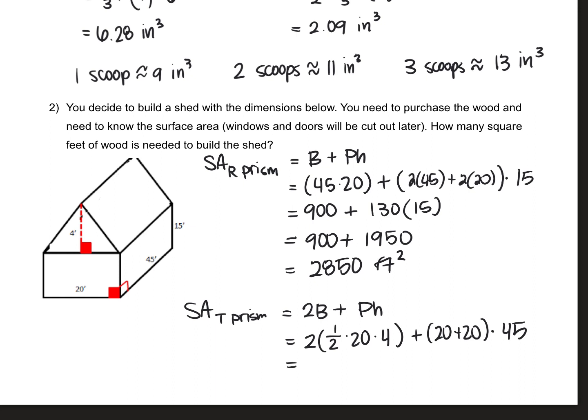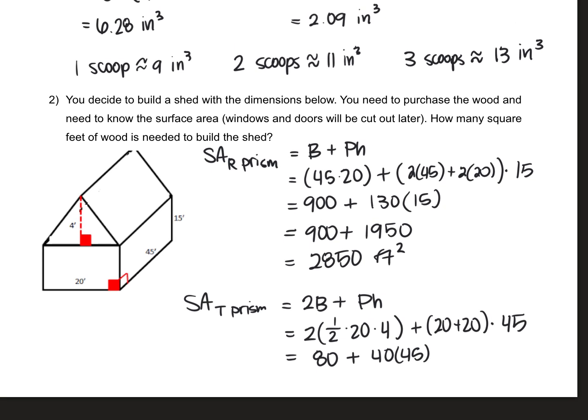So 20 times 4 is 80. And then the 2 and the 1/2 basically cancel each other. So we have 80 plus 40 times 45. So we get 80 plus 1,800, which gives us 1,880 square feet.